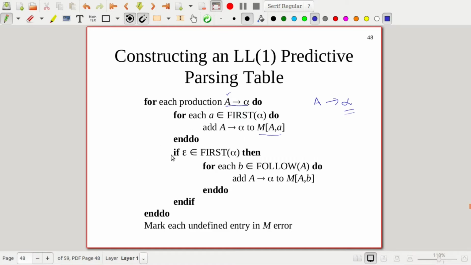Then if epsilon is in first of alpha, we have to add this production to some other cells also. So in that case, for each b a member of follow of A, add this production to M[A, b].